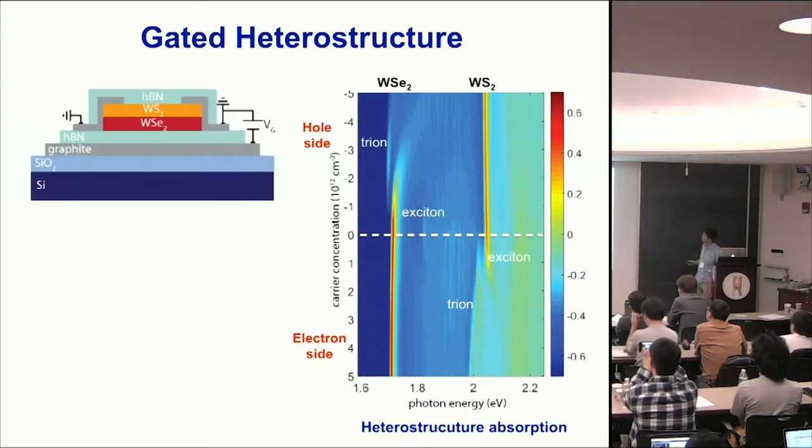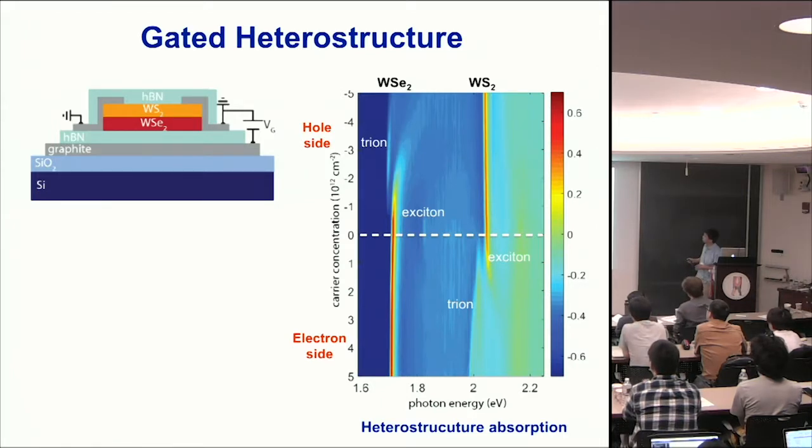the optical absorption spectrum as a function of probe photon energy and as a function of electrostatic gating, on both the hole side and the electron side. You can see there are two main features. One corresponds to the WSe2 exciton resonance, and the other corresponds to the WS2 exciton resonance. If we dope it with holes, this part changes most dramatically.